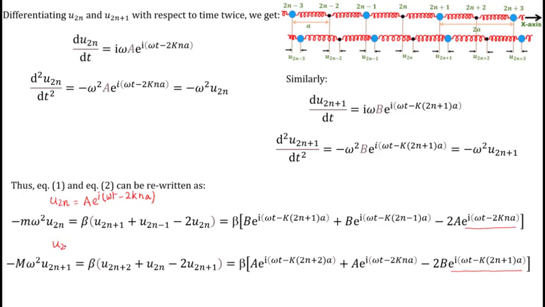Similarly, u2n plus 1 is B times e to the power i omega t minus k times 2n plus 1 a. So taking this common in this expression, we will cancel this factor from both sides. So this we will perform now.